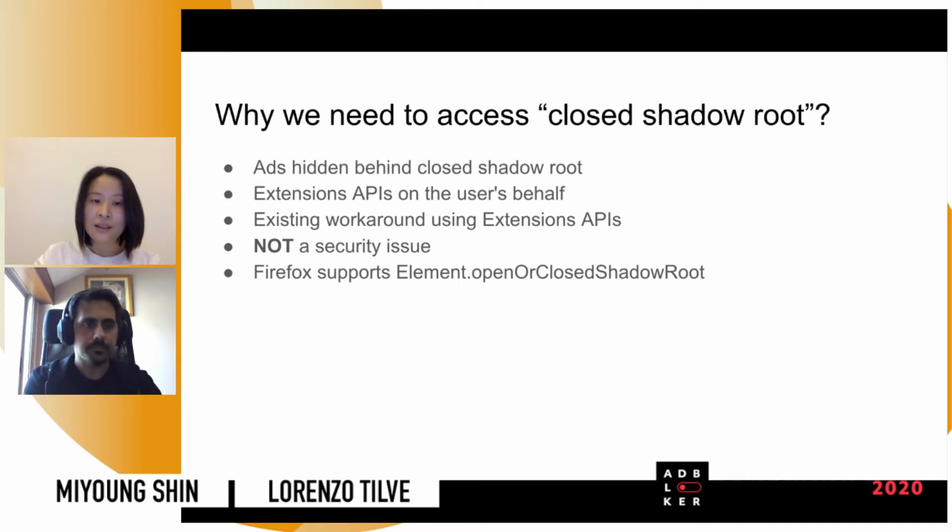Third, it's a little bit more complicated, but there are already existing workarounds using extension APIs to access the closed shadow root. Fourth, closed mode simply prevents outside JS from drilling into the element's internal DOM, and it's not a security feature.